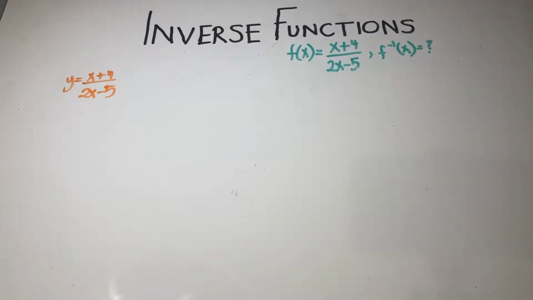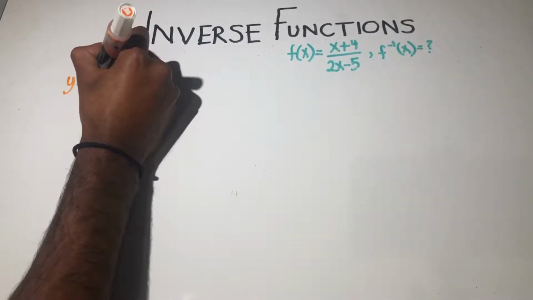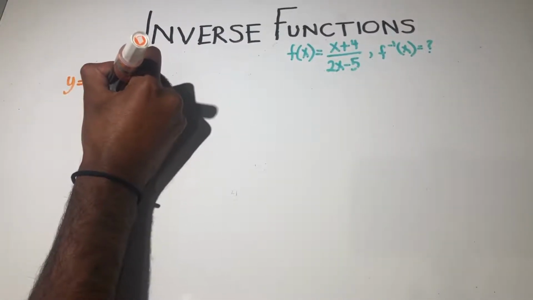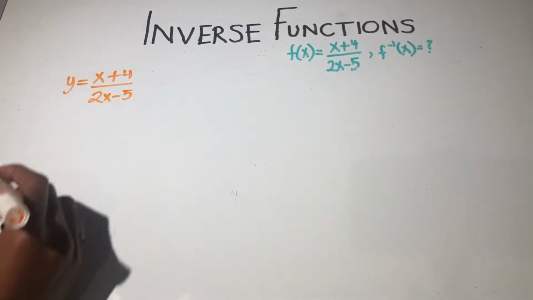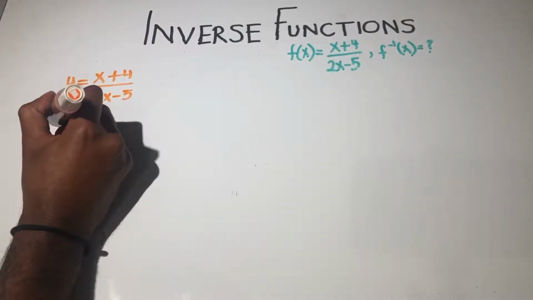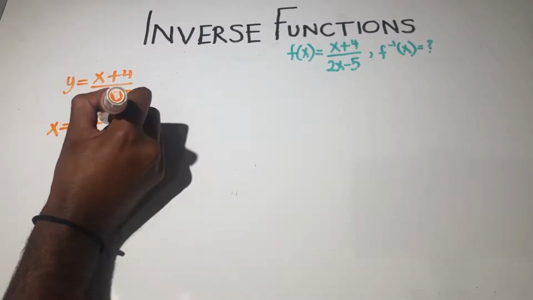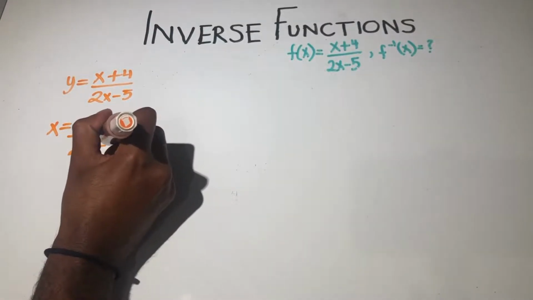I can write this a little bigger for you guys to see: y is equal to x plus 4 over 2x minus 5. Then we're going to replace every y with x and every x with y. We're going to end up with x is equal to y plus 4 over 2y minus 5.